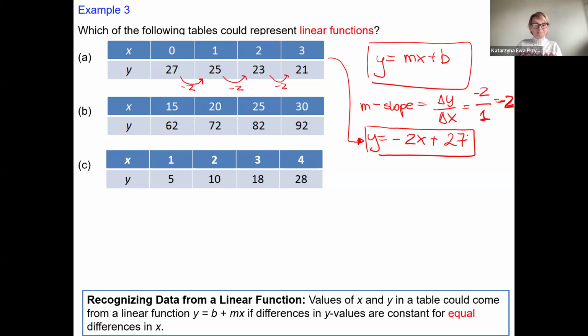Okay, what about B? 15, 20, 25, 30. Let's do B. I see that changes in x's are by 5. What about changes in y? Do we have the same?